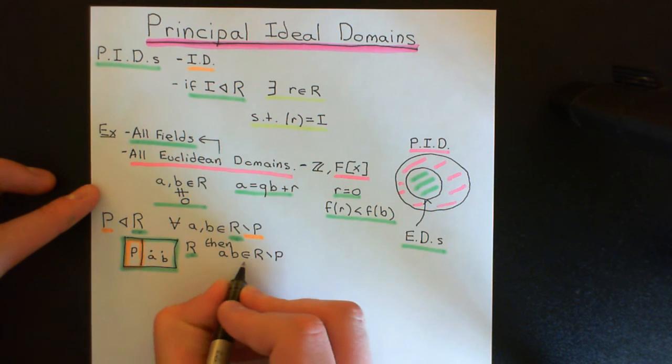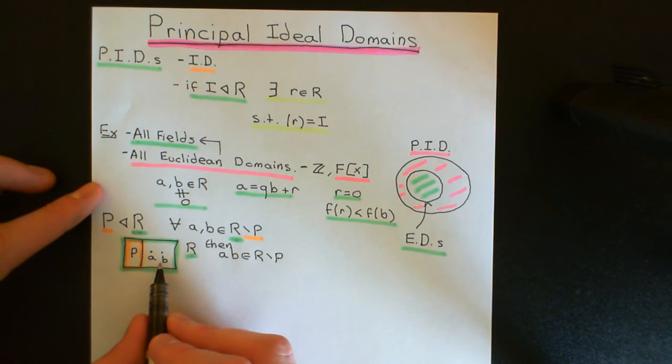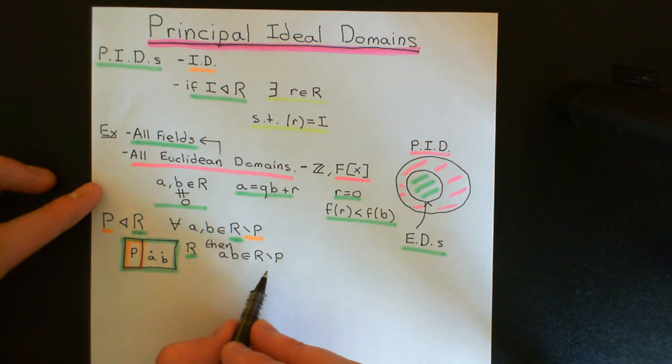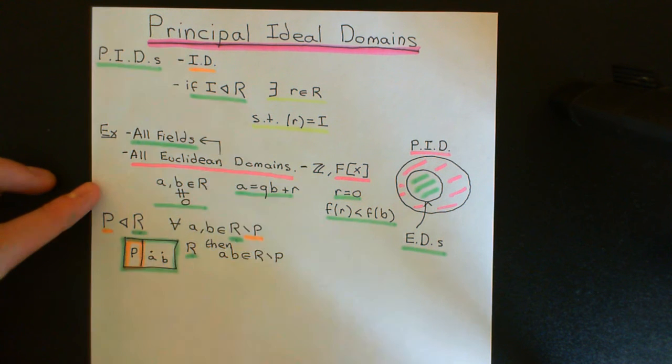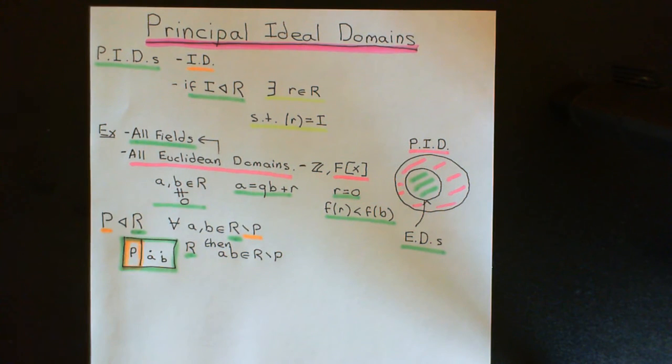You cannot multiply two elements that are outside of the prime ideal and get something that is then inside the prime ideal. The only way to multiply two elements together and get something that's in the prime ideal is if one or both of them are already in the prime ideal.